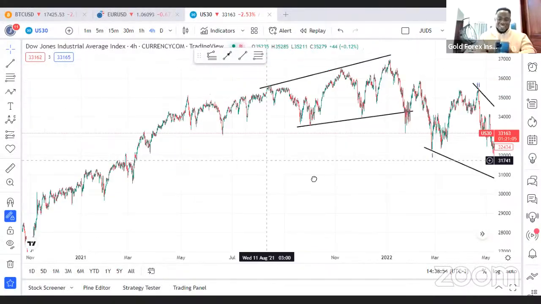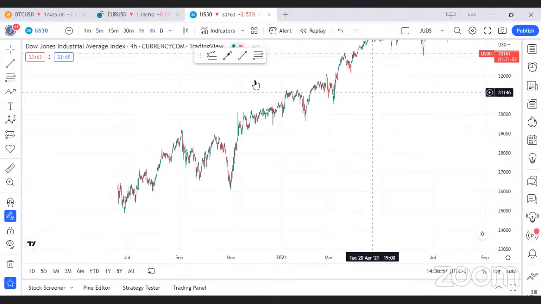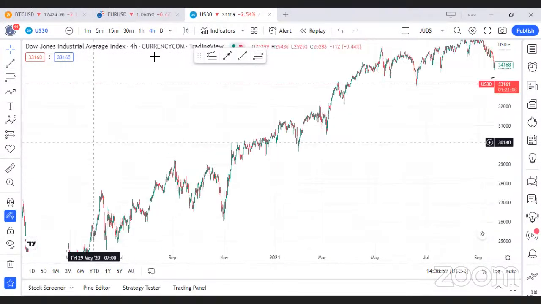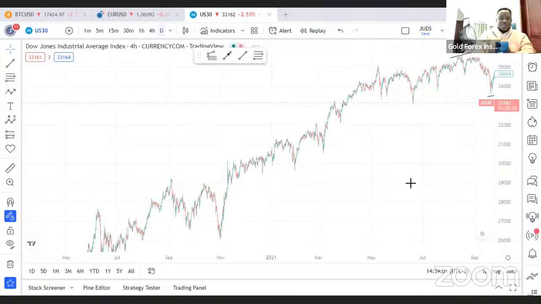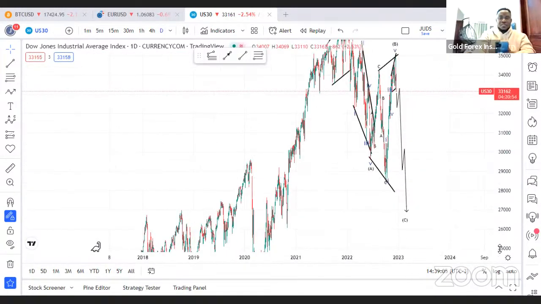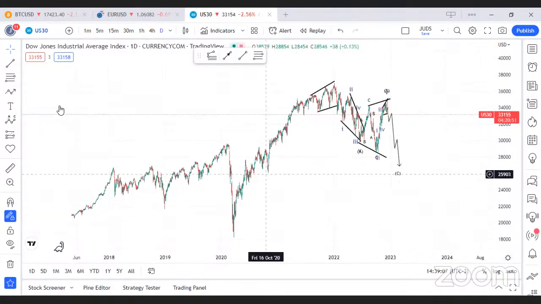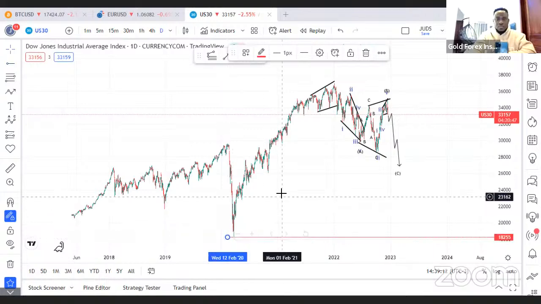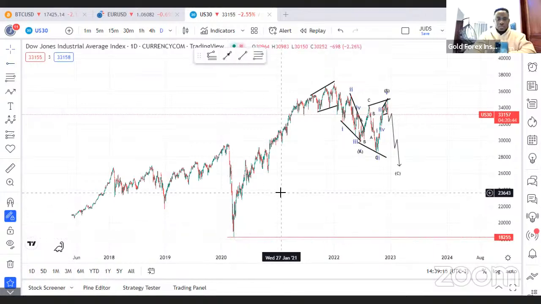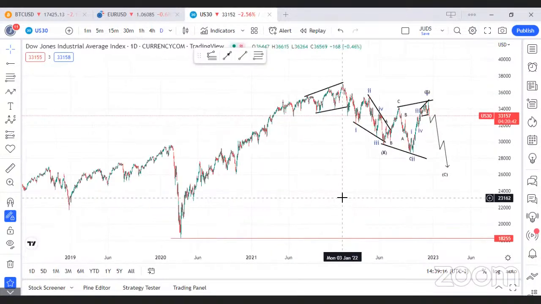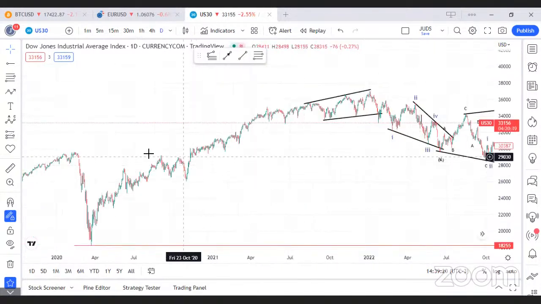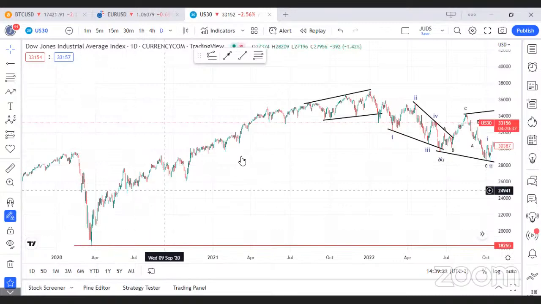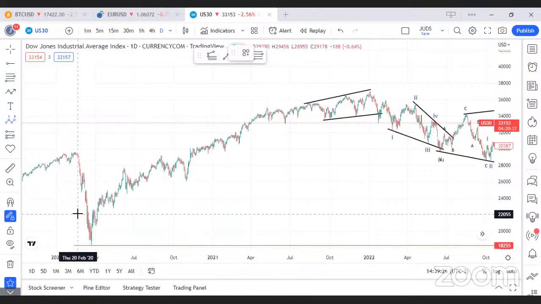Guys, Trading Virus is here. So I think from the 2020 low, this whole impulse, we can identify a clear 5 waves.